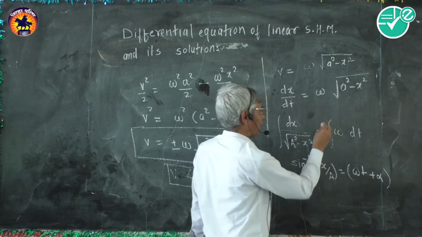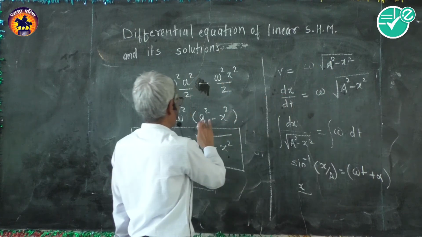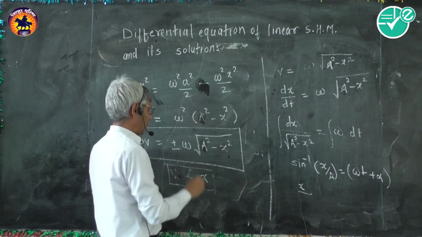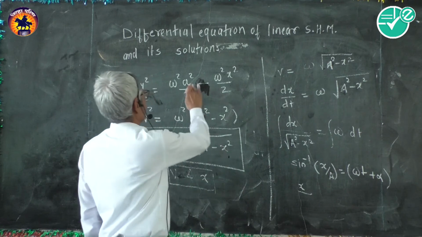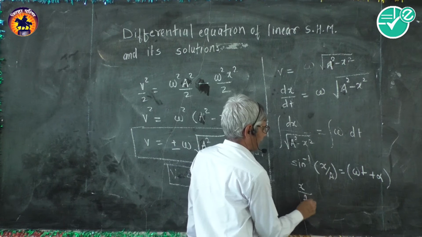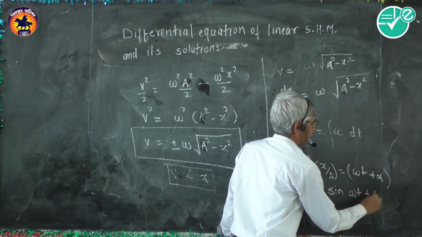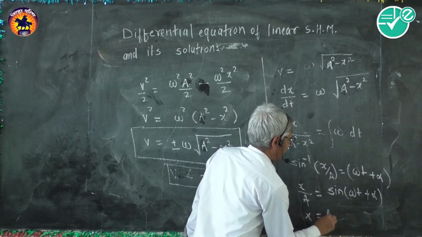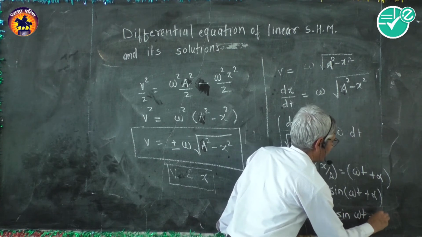We will use capital A for amplitude, since small a is used for the acceleration. x by capital A is equal to sin omega t plus alpha, or x is equal to A sin omega t plus alpha.